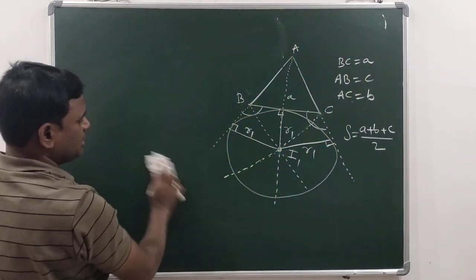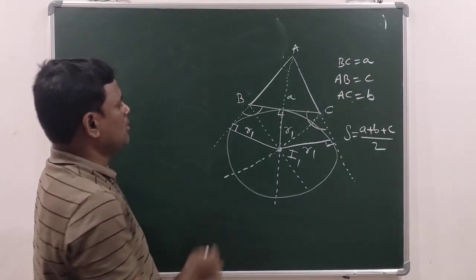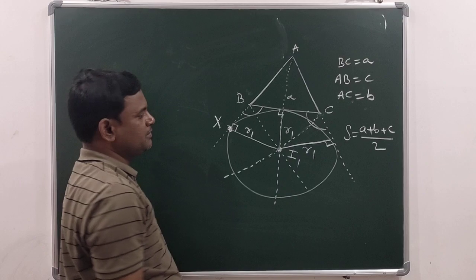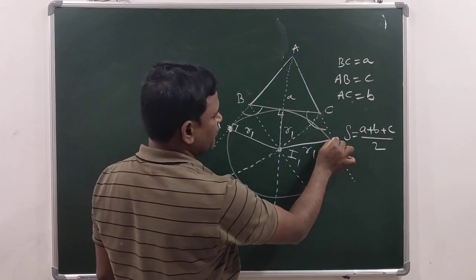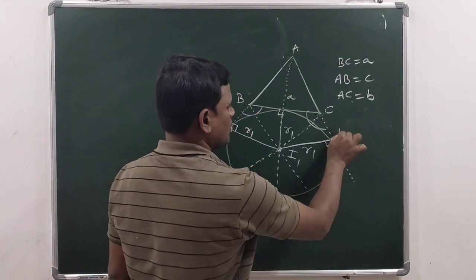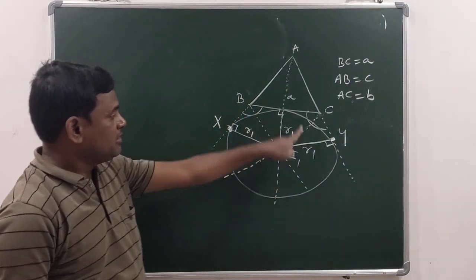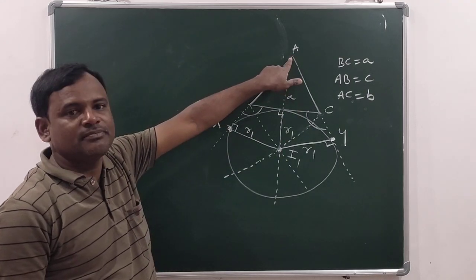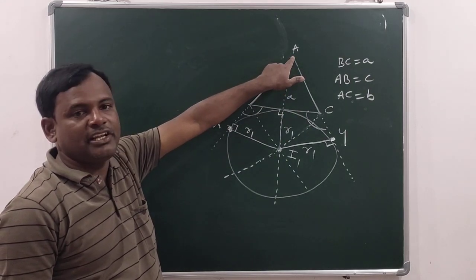Now see that. Let us consider this point to be capital X, and this one will be capital Y. Here this is one circle. For this circle, A is an exterior point.